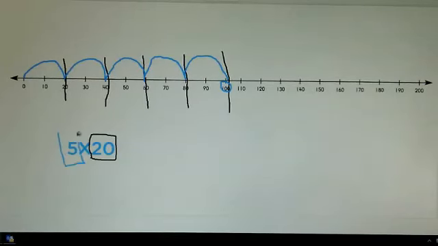Because of this number right here. Okay? This is how we use a number line to show our work for multiplication problems when we're using multiples of 10. If y'all have any questions, please let me know. Make sure you do the interactive lesson.